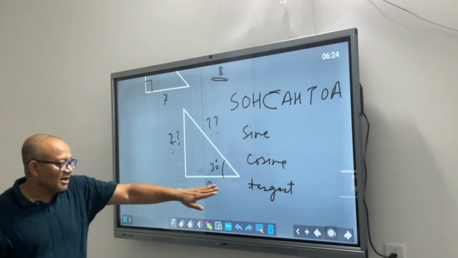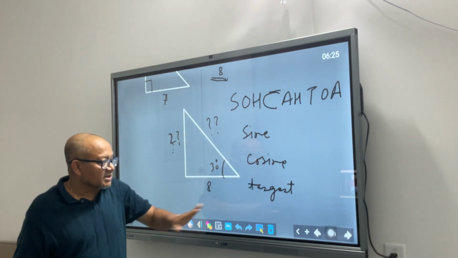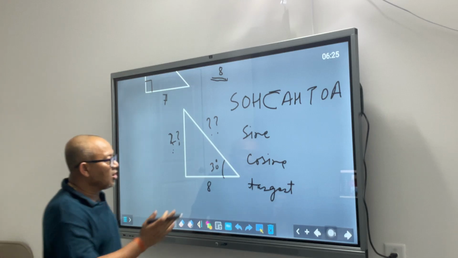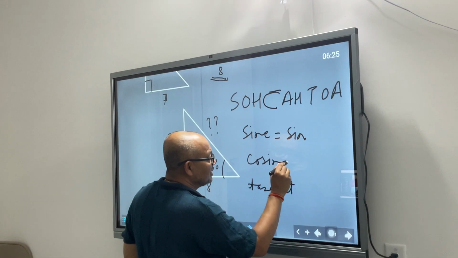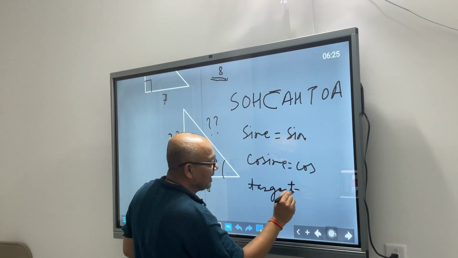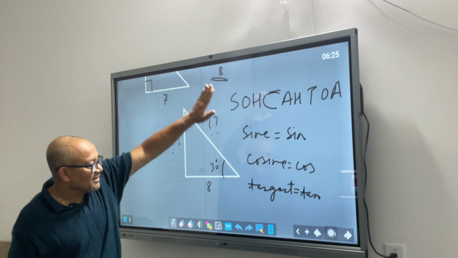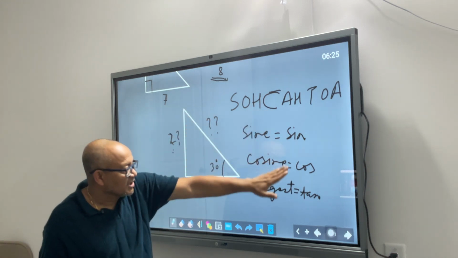But we are not talking about that tangent. We are talking about sine, cosine, and tangent as three ratios of the sides. The short form of that is sin, cos, and tan. So we don't write sine, cosine, and tangent in the full form. We write this as sin, cos, and tan.